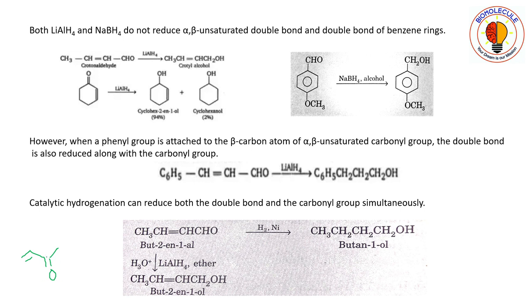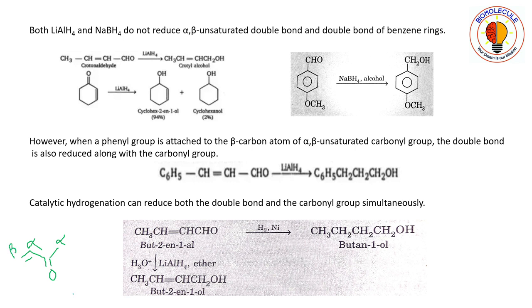Any carbon which is adjacent to the carbonyl group is known as alpha carbon. So this carbon is alpha carbon, this carbon is also alpha carbon. The naming goes like alpha, beta, gamma, delta. So the first carbon adjacent to the carbonyl group is alpha carbon, and the second will be beta carbon.